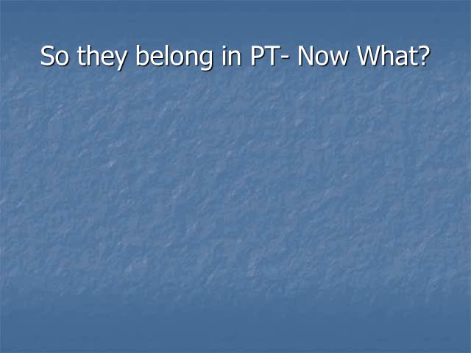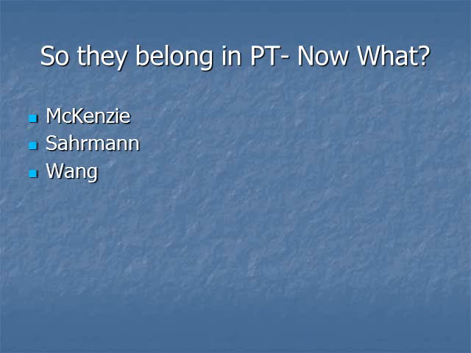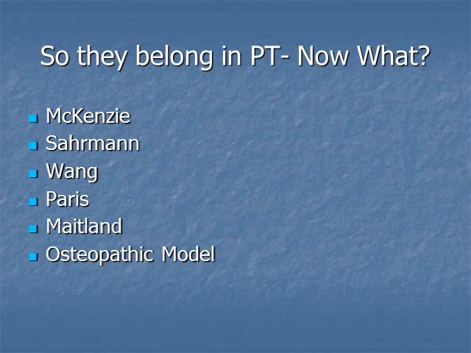So after we've gone through this process and we figure out that they belong in physical therapy, now what do we do with them? There are several diagnostic processes out there. If we list these by the gurus, we have McKenzie, we have Sarman, we have Wong, Paris, Maitland, the osteopathic model.